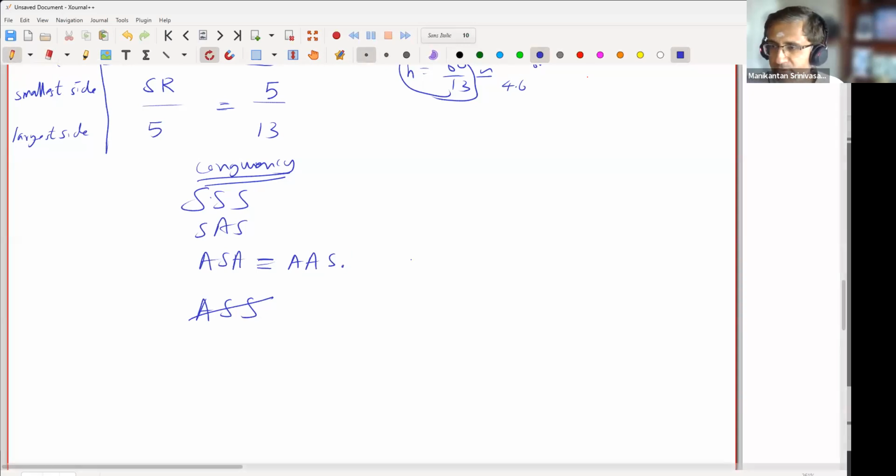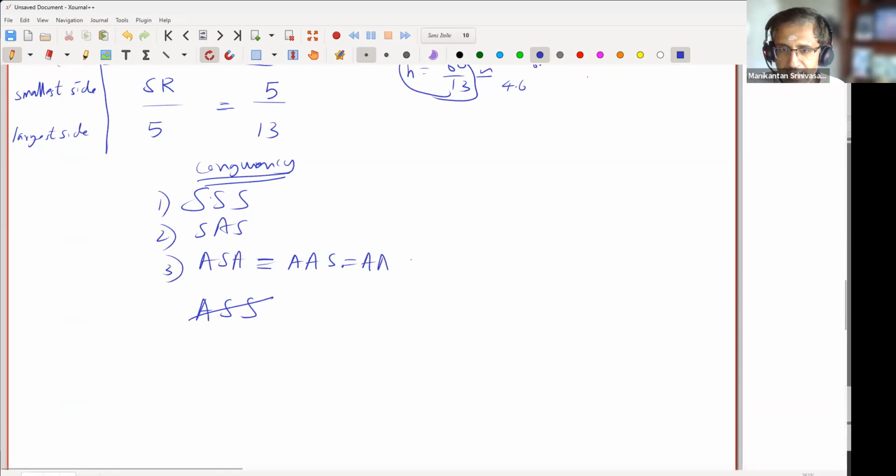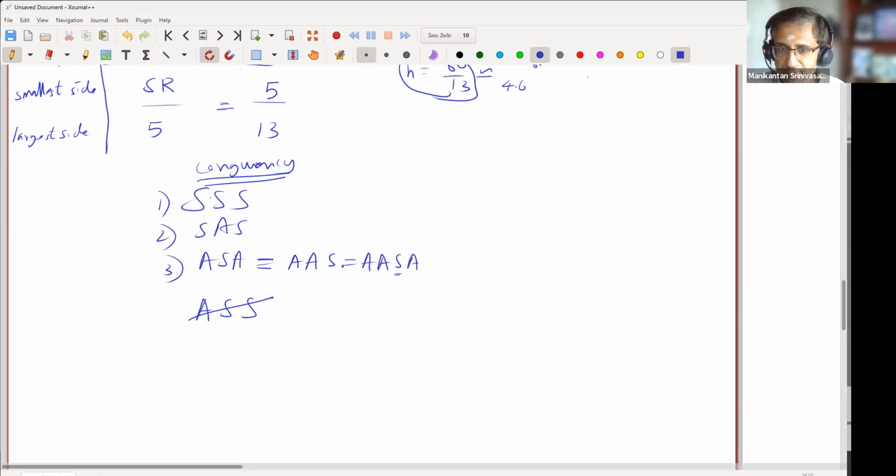If two angles and an included side are given, it doesn't matter. Effectively ASA or AAS are all the same thing, so I like to bucket them as one category. Some people also call it AASA because the side is included between two angles and the third angle is also the same.